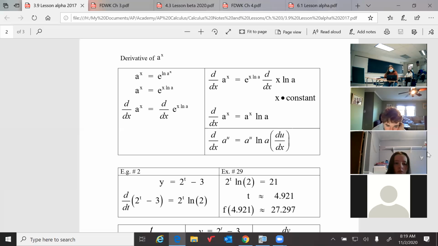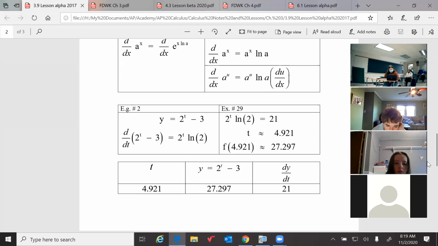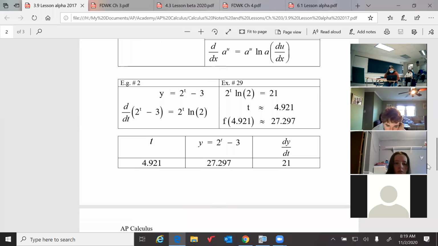Now what? When is that equal to 21? On this graph, you would have this. This is the input. You wanted the derivative to be 21. That was the question. That's the function.